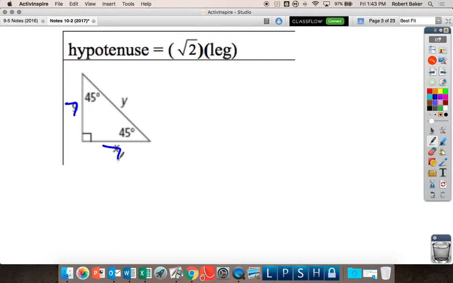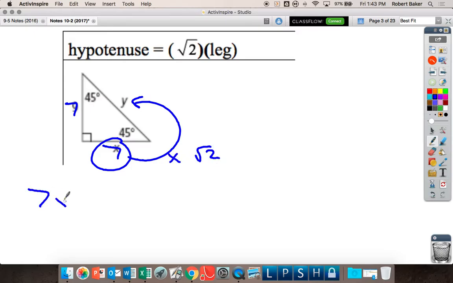Now, the mathematical process to get from a leg to a hypotenuse, do we multiply by the square root of 2 or do we divide by the square root of 2? Multiply. So this number times the square root of 2. I'm going to write that over here.